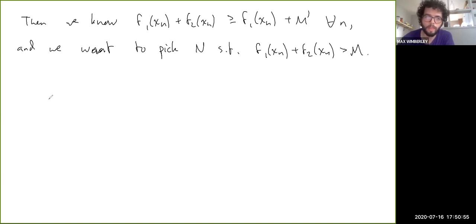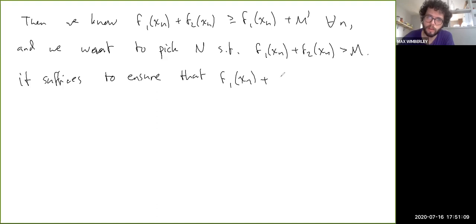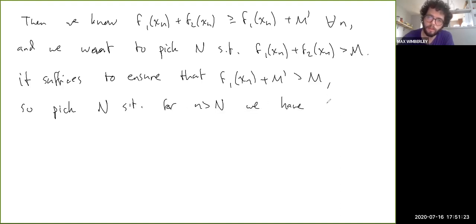So it suffices to ensure that f1 of x_n plus m prime is greater than m. So pick capital N such that for n greater than capital N, we have f1 of x_n is greater than m minus m prime.